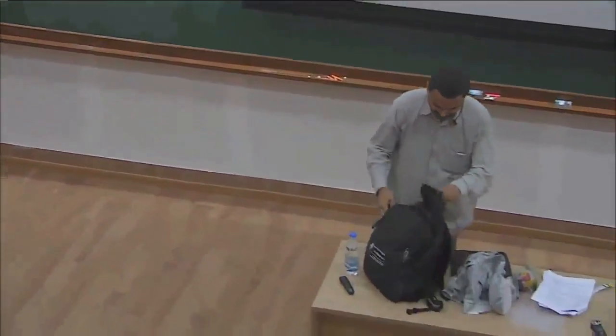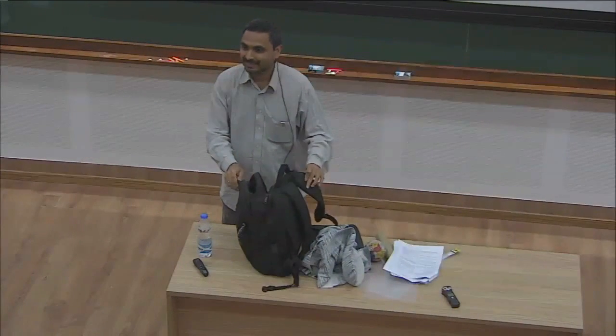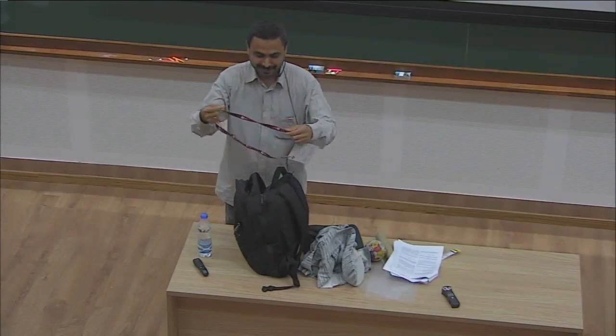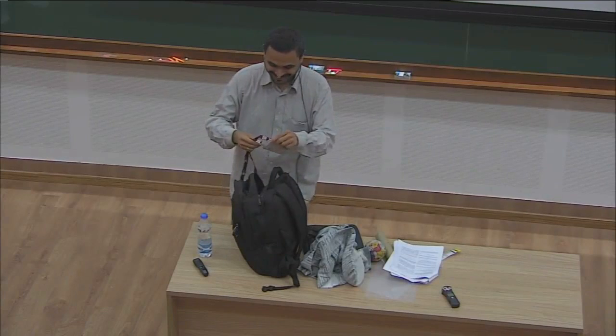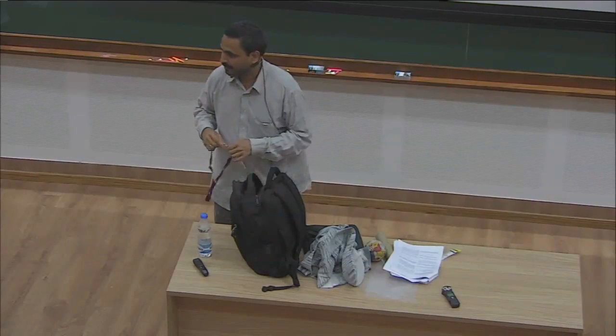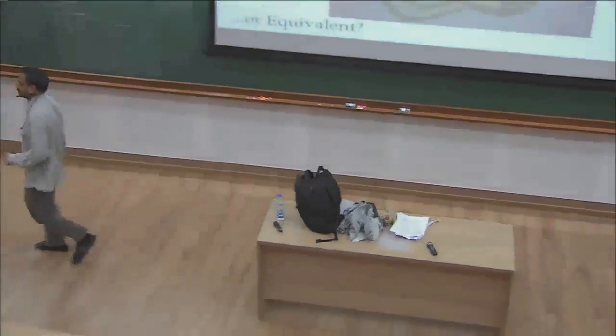I wanted to bring an extra belt, which I did not, so I need to find an alternative here. I need some strip of paper of some sort. Okay, so here is a nice strip of paper.